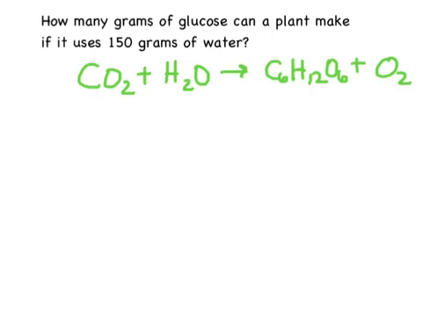All right, what we need to do is figure out this chemical reaction. So if you think about it, plants use carbon dioxide and water, and they make what? Glucose and oxygen. So let's write that down. Okay, there it is. So we've got our question, we've got our equation.